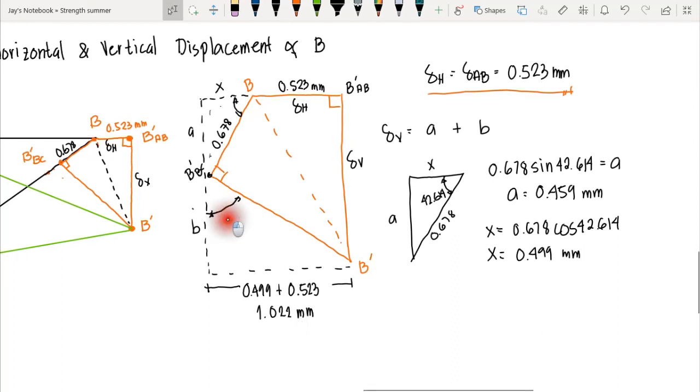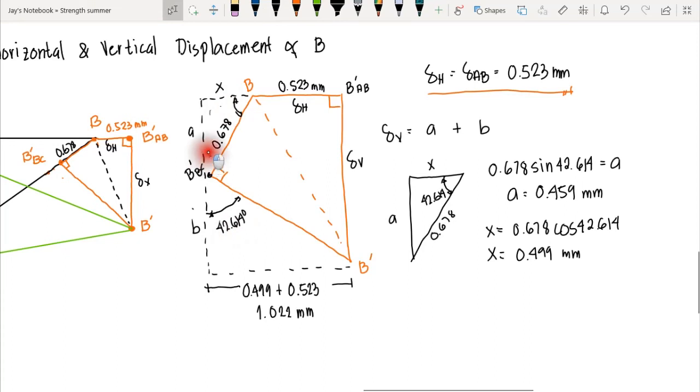So therefore, we can now finally compute for B, but first let's compute the angle here. And the angle here is just equal to the angle at this point. The angle at this point is 42.614, so therefore we have the angle here is 42.614 degrees. So how did I come up with 42.614? Take note, if this is 42.614, the angle at this point is the complementary angle, that is 47.361.